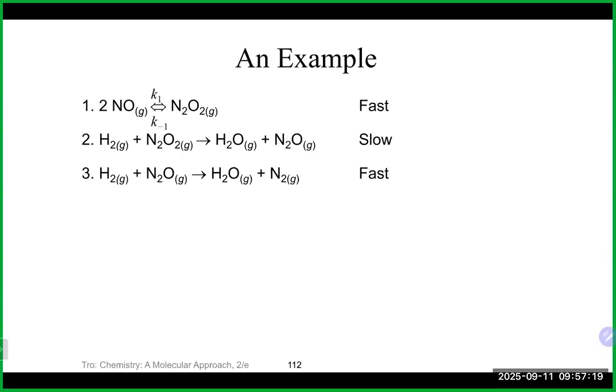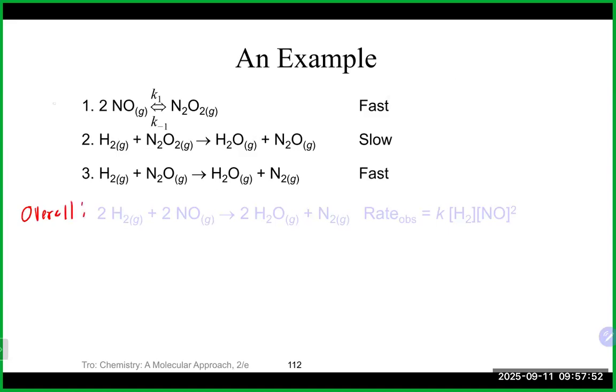In this problem, they want you to prove, if you will, that this is a good mechanism or a bad mechanism. So you have to use the proposed mechanism to show some work, not really calculations, but some algebra, to decide whether or not this is an acceptable mechanism for this reaction.